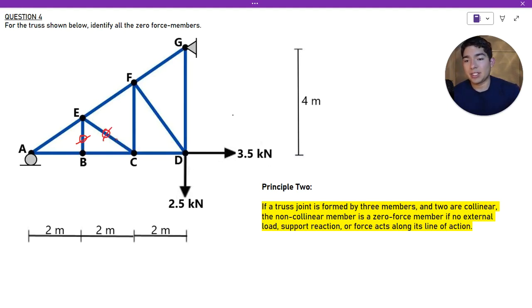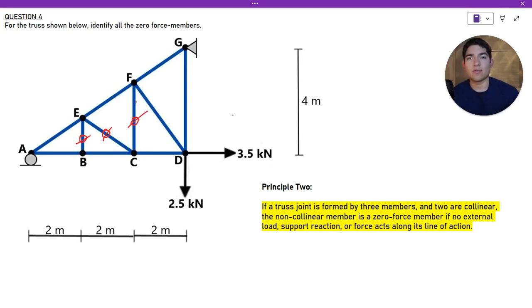Eliminating member EC is then going to turn joint C into another principle 2 scenario. Now we have these two collinear members, and then member CF is our third non-collinear member. In this case, member CF has no external load or support reaction either. That is also going to be a zero force member.